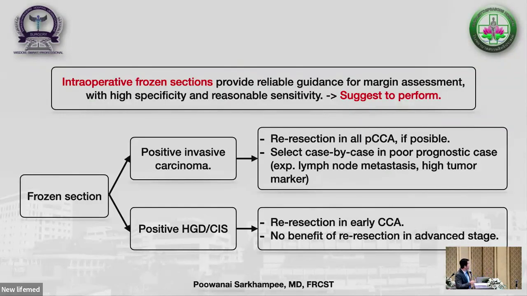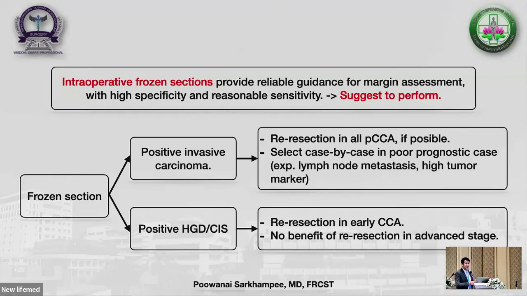And if the frozen section result is positive carcinoma in situ, I still recommend further resection, because sometimes we will have effective adjuvant treatment in the future. Professor Ibata will tell us about the adjuvant treatment. If possible, you must do additional resection.